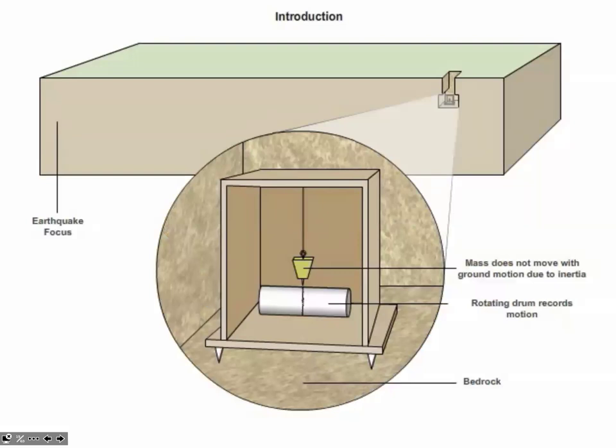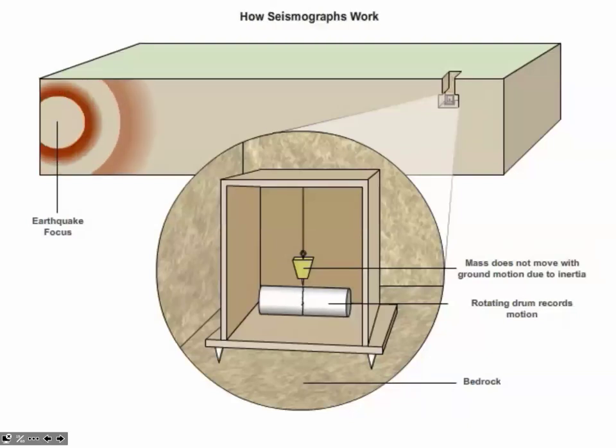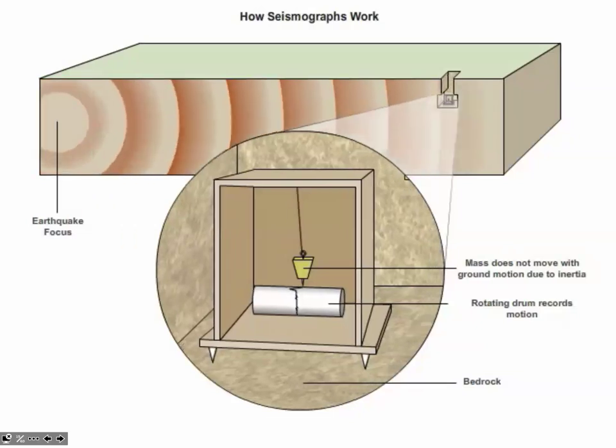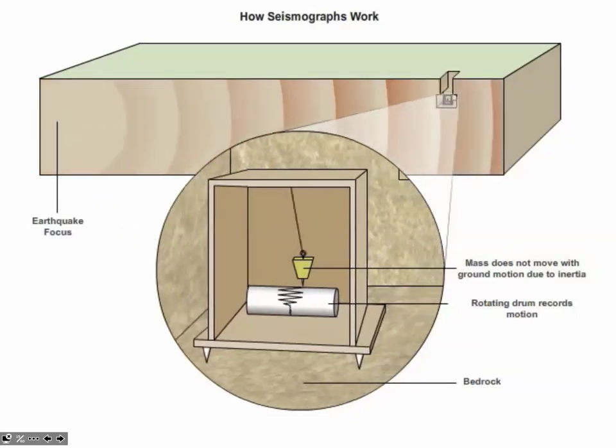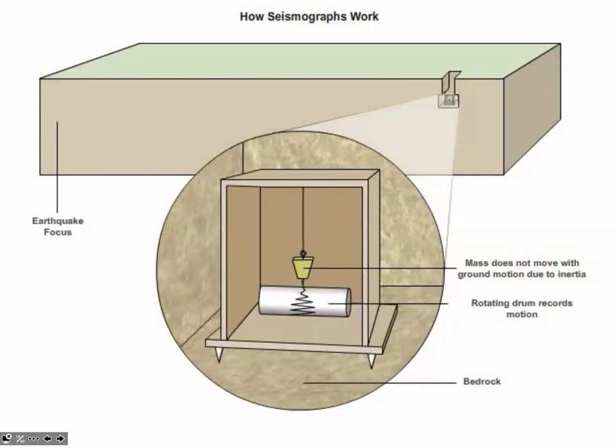Seismographs. Seismographs are instruments used to measure and record earthquake waves. The principle of a seismograph is simple. A heavy mass is suspended from a frame. When the earthquake waves arrive and the seismograph station starts shaking, notice that the frame moves back and forth, but the inertia of the suspended mass causes it to lag behind.